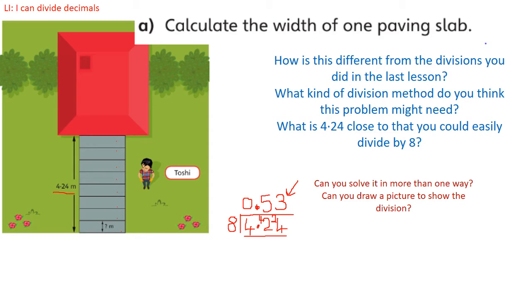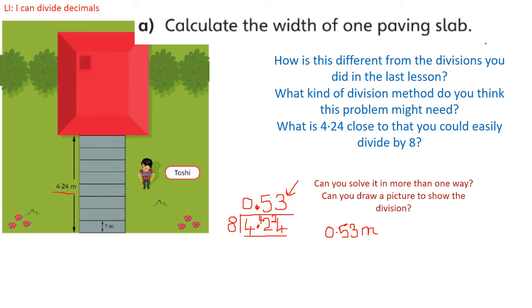So to go back to our question, calculate the width of one paving slab. Well, we know the width of one paving slab is 0.53 metres. Don't forget the metres. We're not measuring elephants or bananas or chocolate cake.